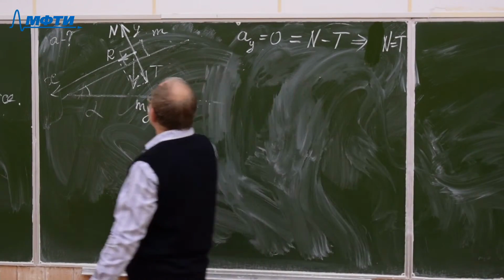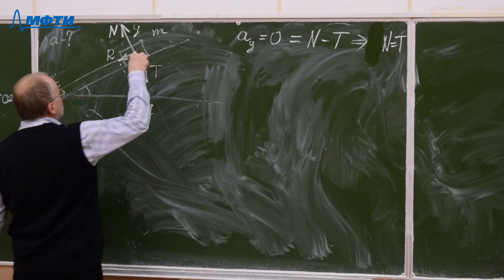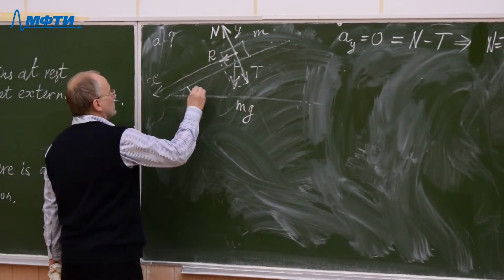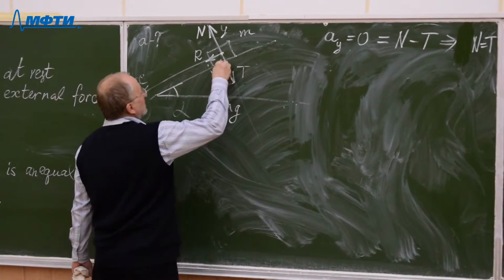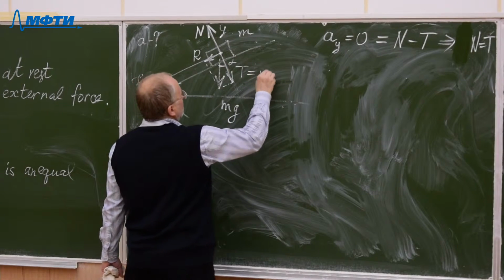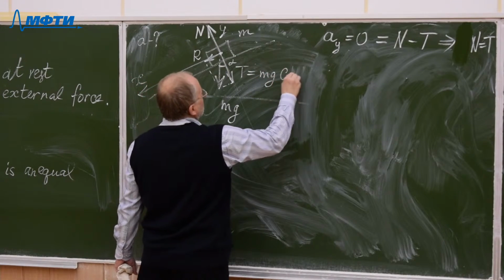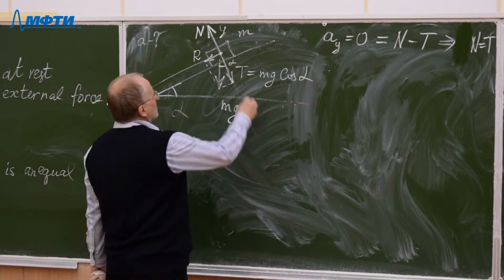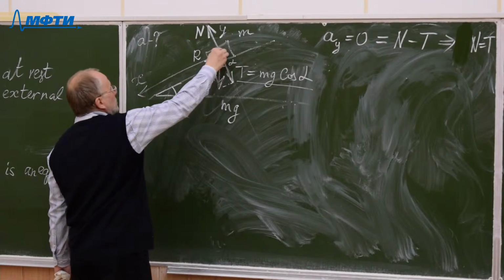And the magnitude of vector t can easily be obtained from geometrical considerations. If we know this angle is alpha, then this angle is also alpha, and t shall be mg cosine alpha. This is from geometrical considerations, from this triangle.